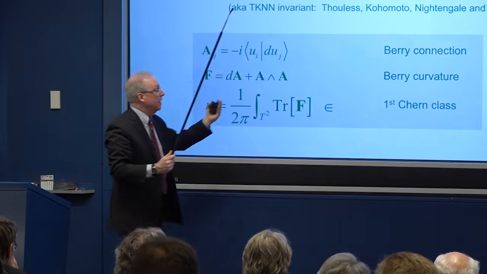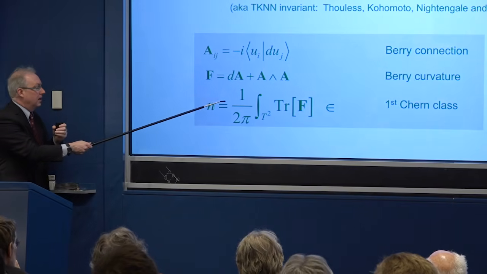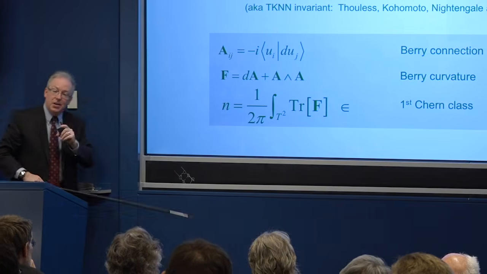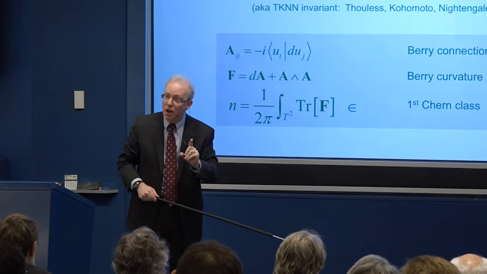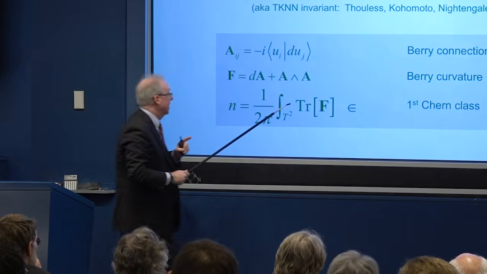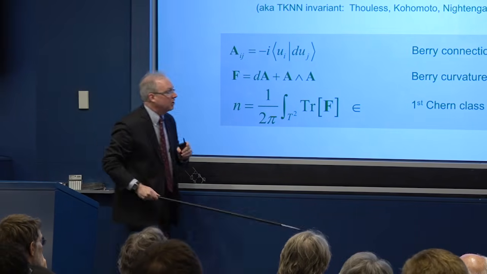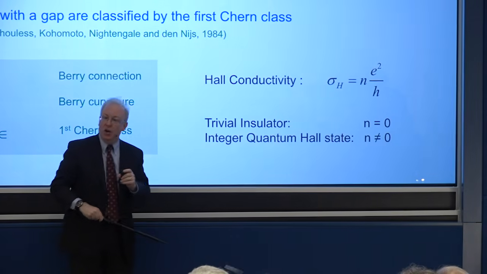Okay, and so what we know is that this integral is an integer. And one of the things Thouless got the Nobel Prize for was showing that the formula that you get for this is exactly the same formula as what you would get if you calculated the Hall conductance.